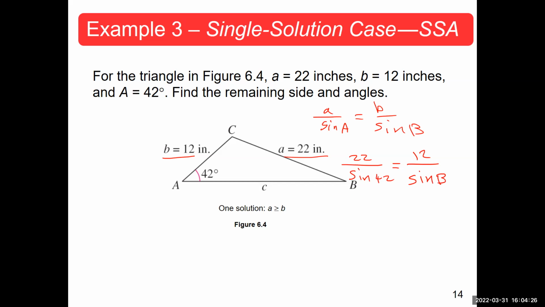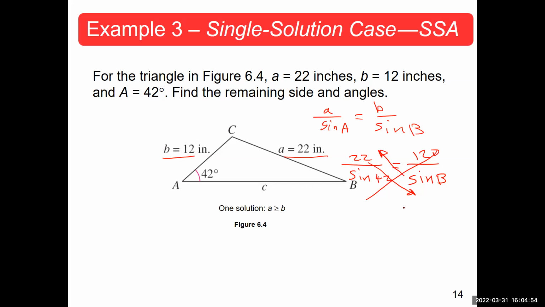So in here, what do we have unknown? The only thing left to find is sine of B. Again, how do I do it? The easiest way, do the diagonal move. I can move sine of B to the top and move the 22 to the bottom and move sine 42 to the top.